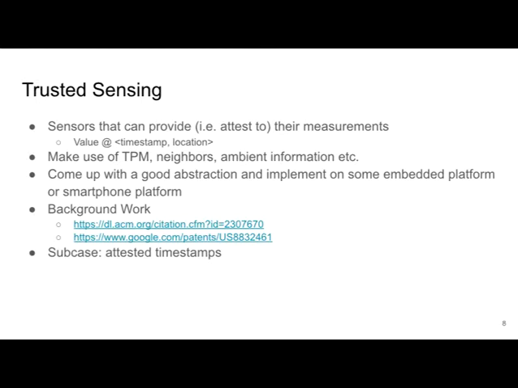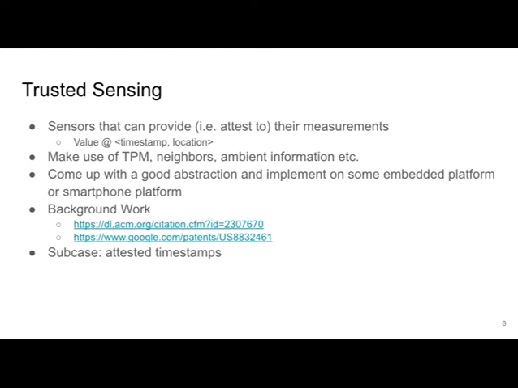So the goal out here would be to, on some embedded platform, let's say BeagleBone Black or Raspberry Pi or something, create a trusted sensing stack so that when we publish a result onto some suitable web cloud service for sensor data storage, we are also supplying a proof that indeed the measurement is correct. Now, the value part is tricky, but I think the timestamp can certainly be done because time is maintained at the system level.